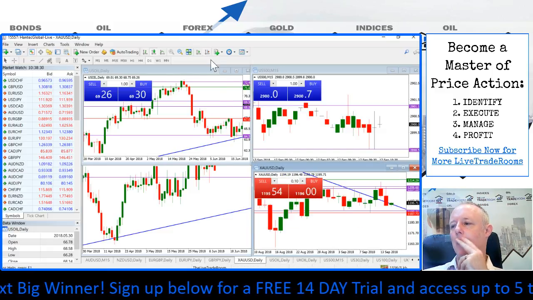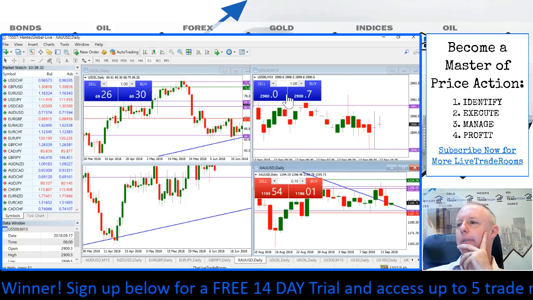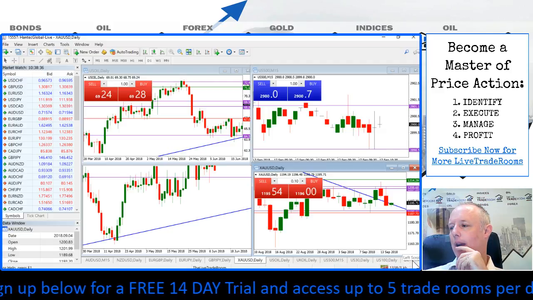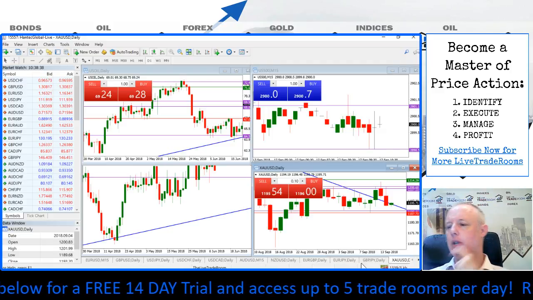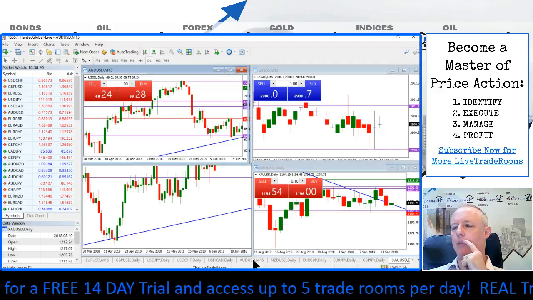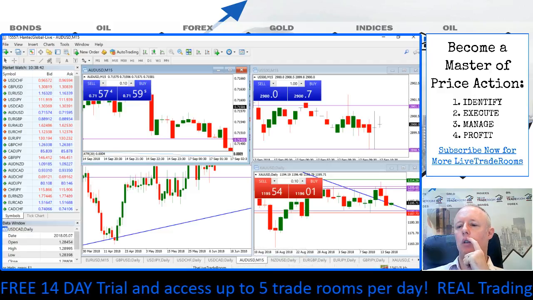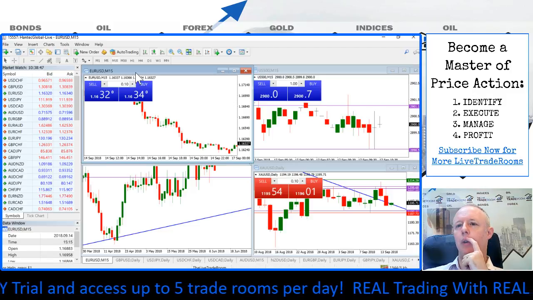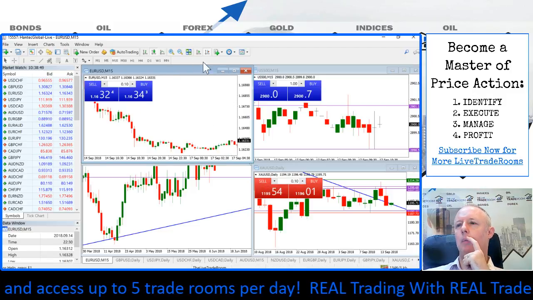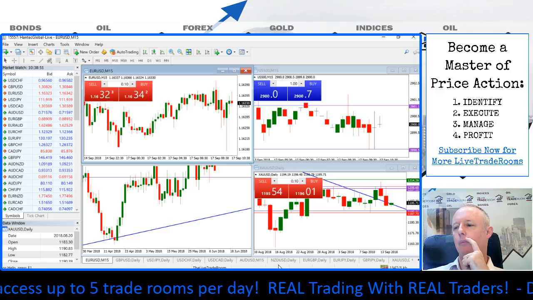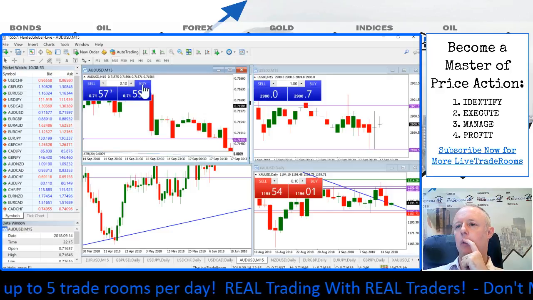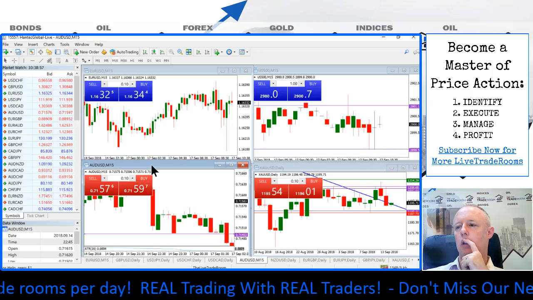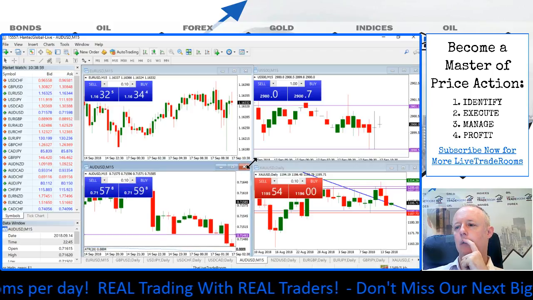So we'll keep an eye on this from a price action perspective. We've got the S&P top right, the gold market bottom right, and we've also got two dollar markets. So we can stick the Euro dollar top left, and we'll put the Aussie dollar bottom left.